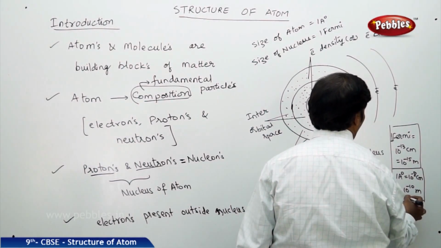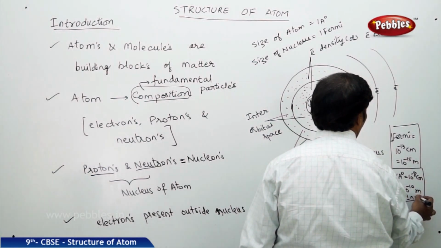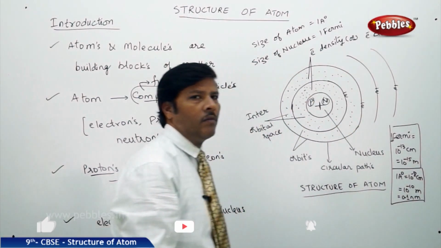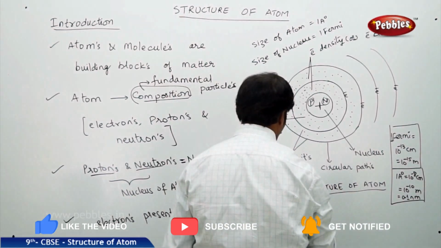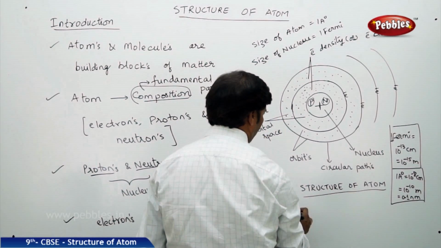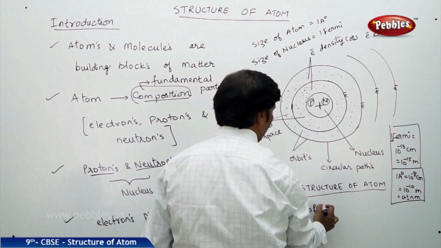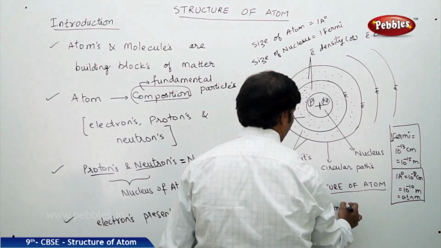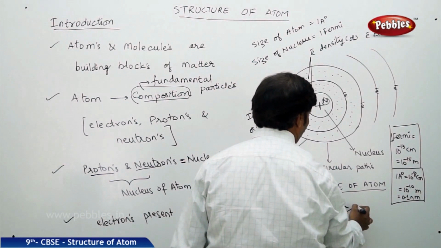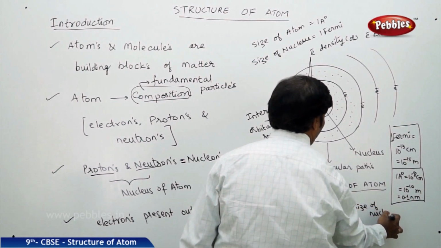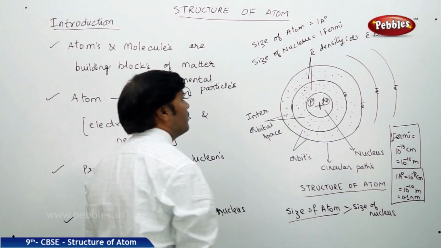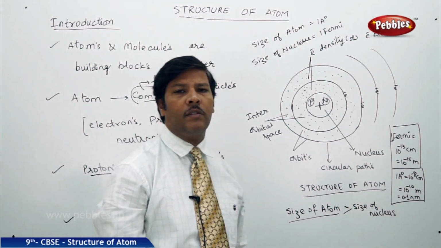Sometimes you can also take it as 0.1 nanometer. So these are all important conversions, and it is very clear that the size of the atom is greater than the size of the nucleus.